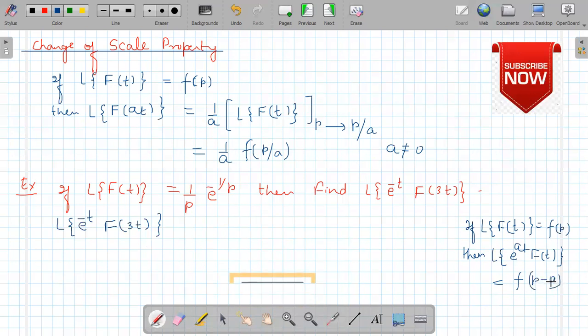Right? p is replaced by p minus a. Or you can also write this as Laplace transform of f(t), and at last p is replaced by p minus a.